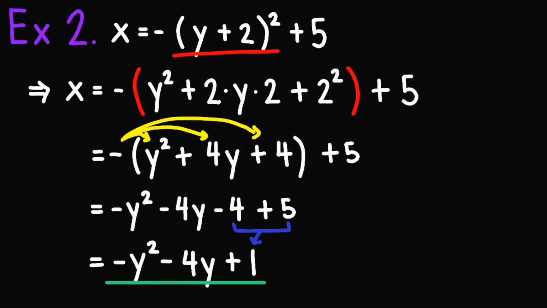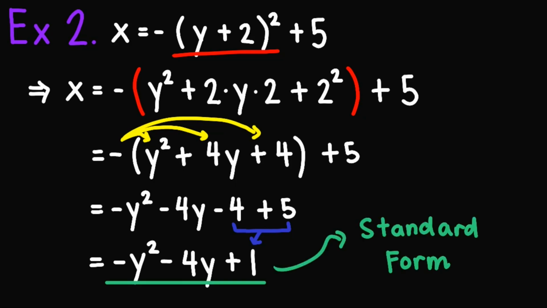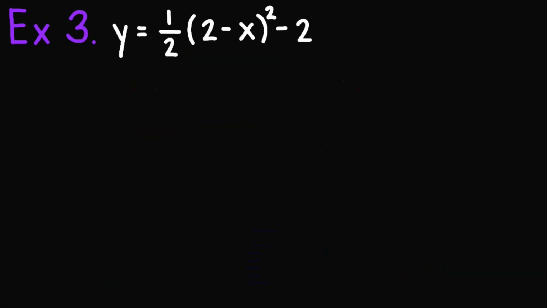Observe that this out here is already in its standard form. And so we had successfully converted the given vertex form equation into its standard form equation. So I hope you got that one. And let's now move on to the last example.